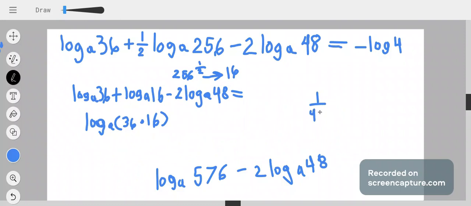Well, 48 squared. Yes. Okay, so it should look like that. Right. And what would that give us? You could also use your calculator for that. That would give us 2,304.